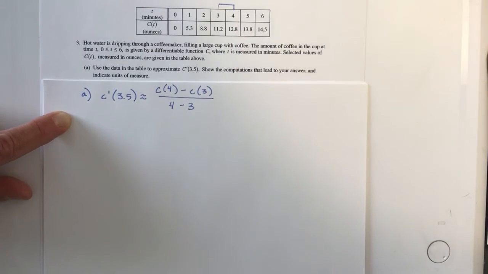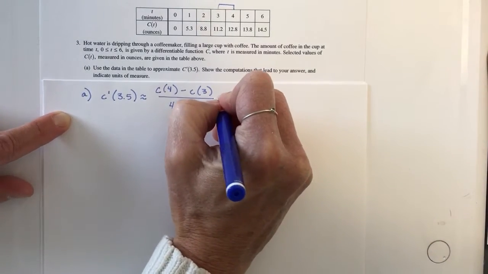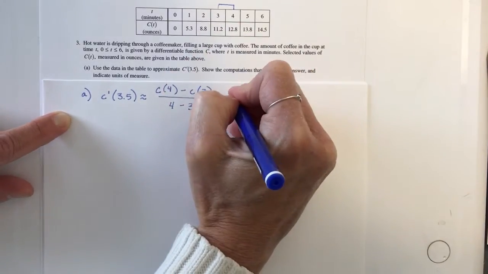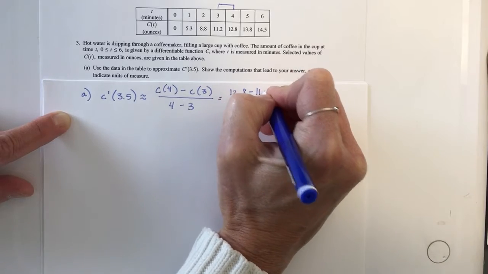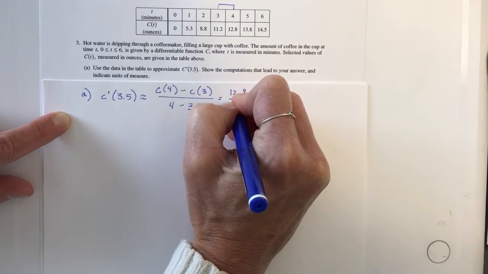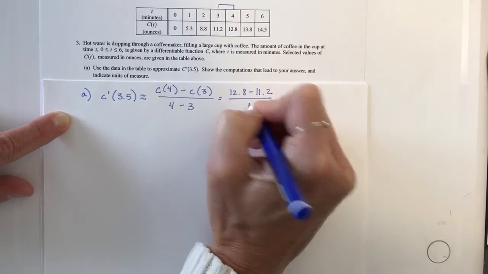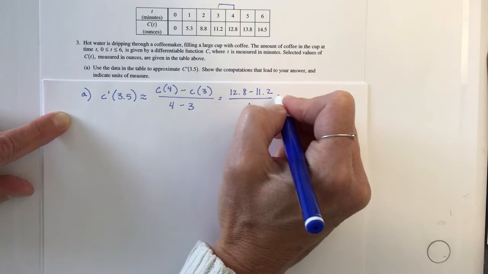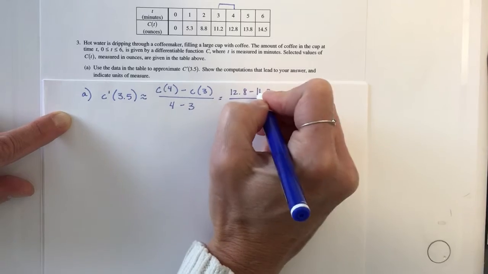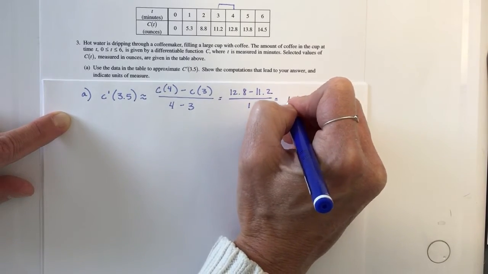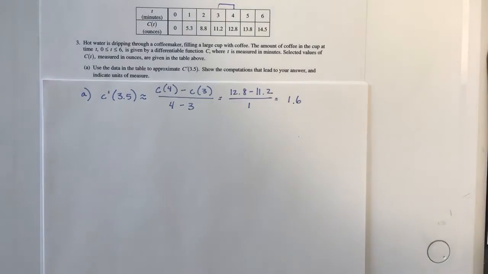C of 4 is 12.8 and C of 3 is 11.2, and 4 minus 3 is 1. So 12.8 minus 11.2 is 1.6. We can do that without a calculator, don't freak out.